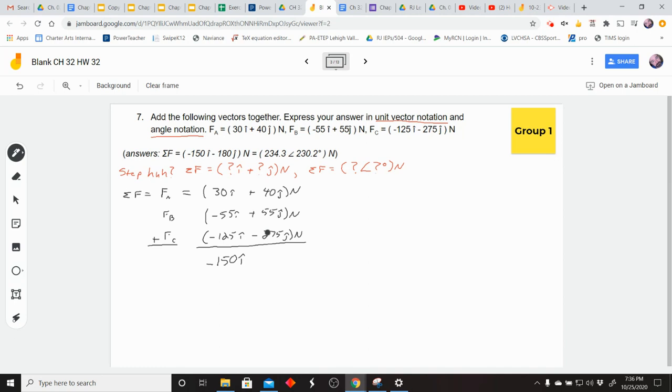So you do that, and you end up with minus 180 j hat. So that's a vector with newtons, and this is what sigma F is equal to. So that's part of our answer.